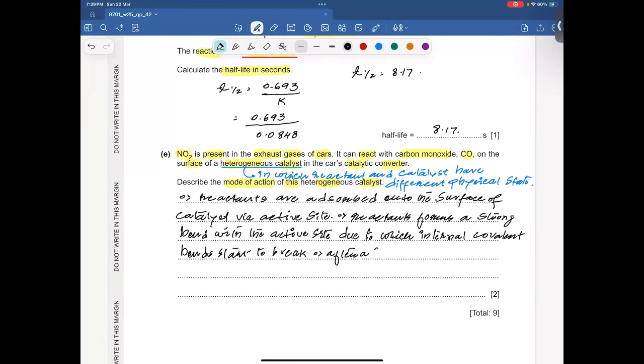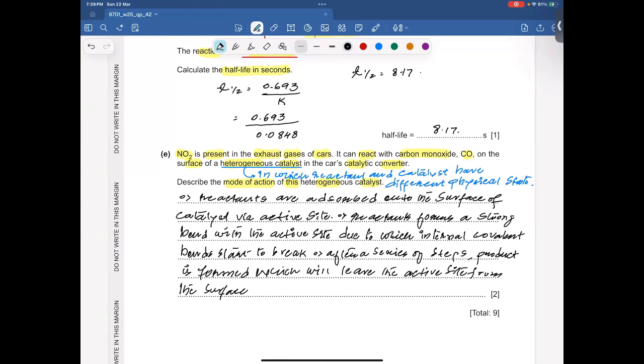After a series of steps, product is formed, which will leave the surface of the catalyst due to desorption.